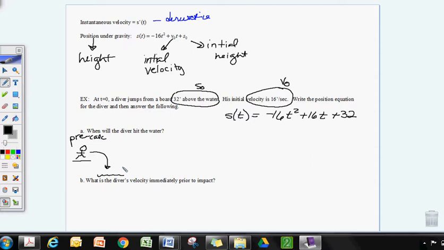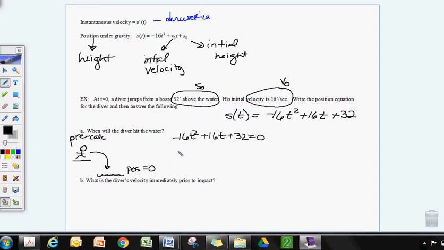He's going to hit that when the position equals 0. He's at 0 level, water level. So all I'm going to do is set negative 16t squared plus 16t plus 32 equal to 0. Notice I didn't change colors because this is not a calculus problem.